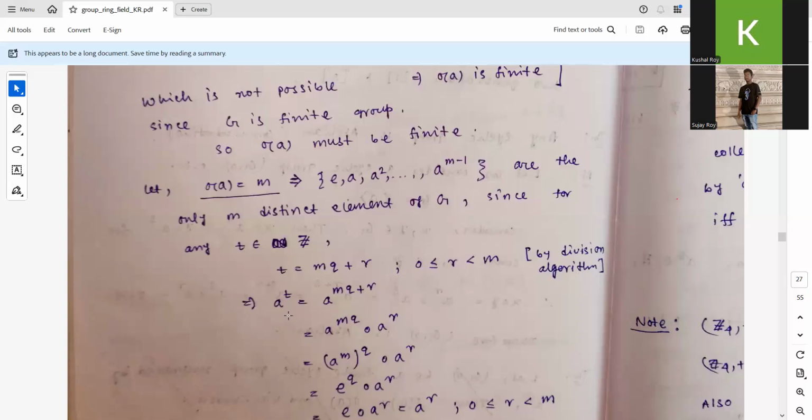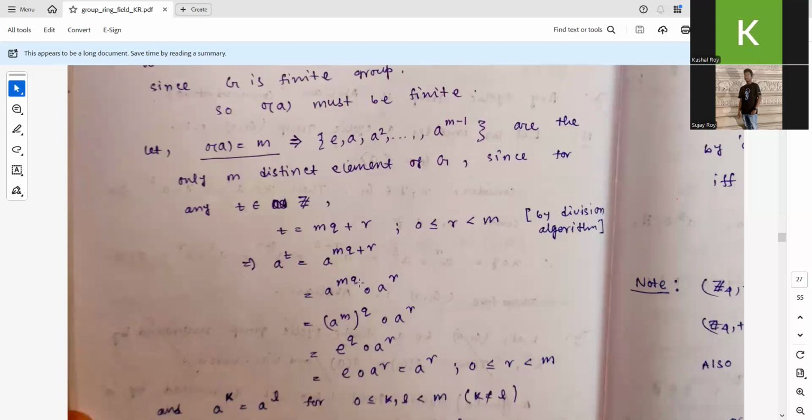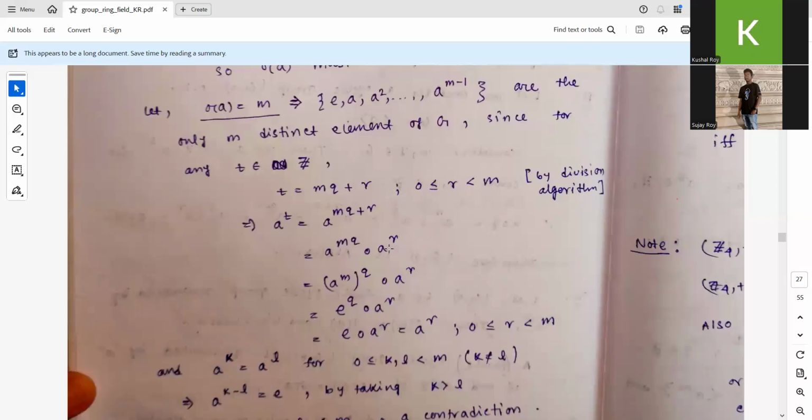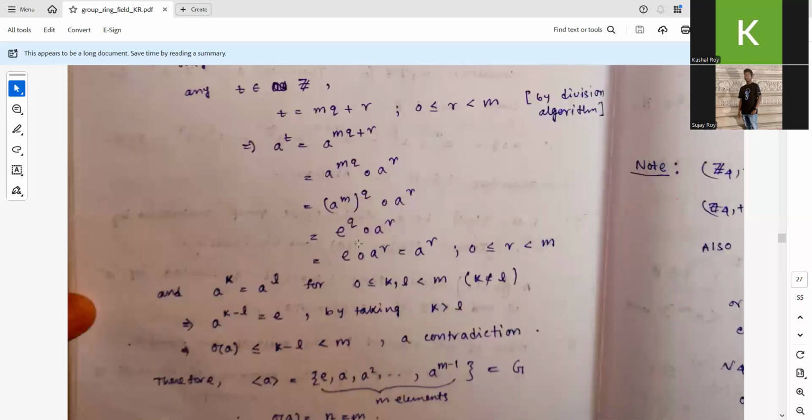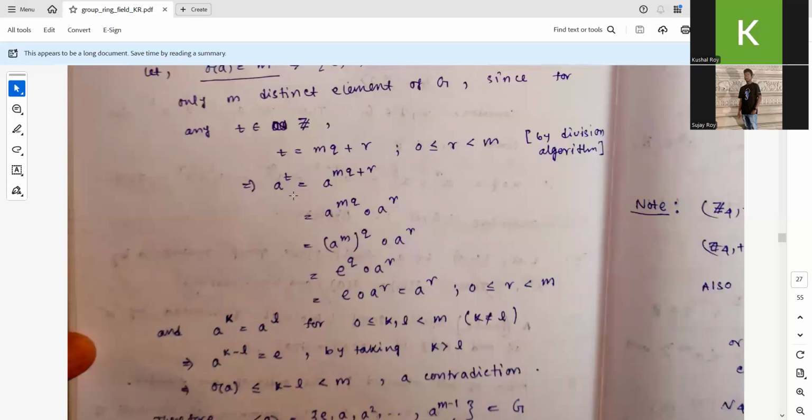So a to the power t is a to the power mq plus r, which means a to the power mq composed with a to the power r. This is a to the power m whole to the power q composed with a to the power r. Now we have already considered the order of a as m, so a to the power m is e. So this is e to the power q composed with a to the power r, and therefore a to the power t is nothing but a to the power r.